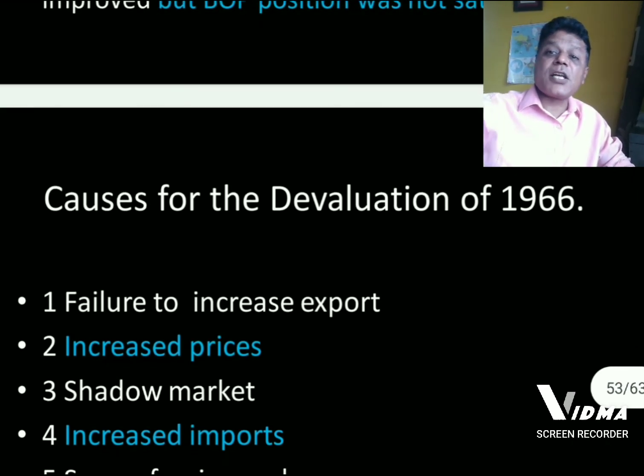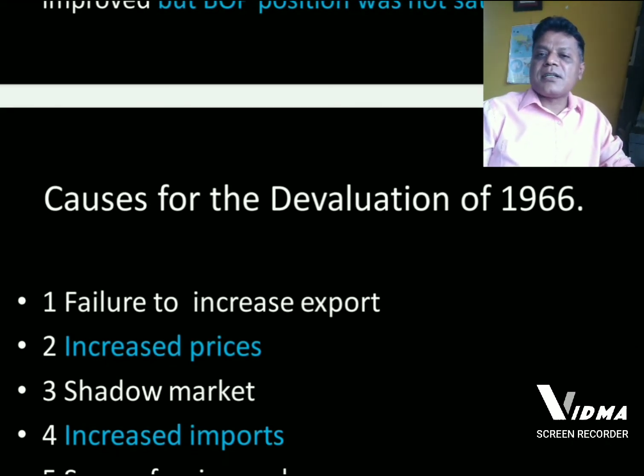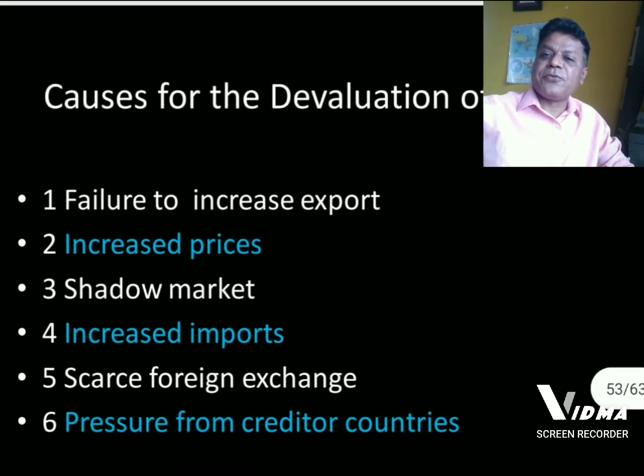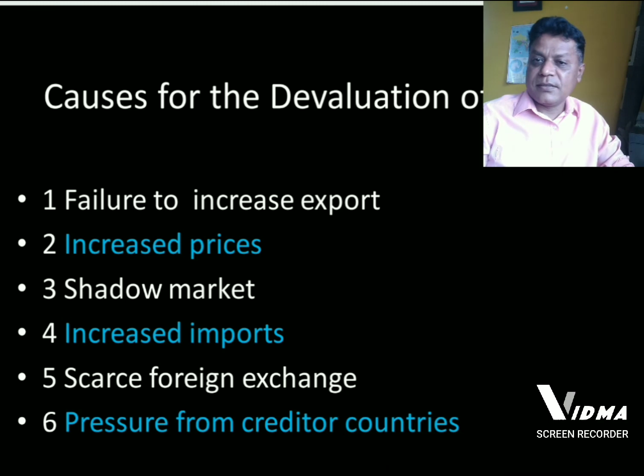Now, here are a few causes for devaluation of the Indian rupee in the year 1966, shown on your screen. First one is failure to increase exports. Second one is increased prices; there was inflation in the country. Third one is the existence of a shadow market, parallel market, which we call the black market.